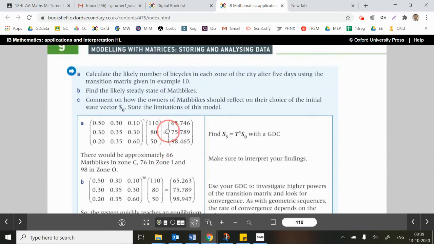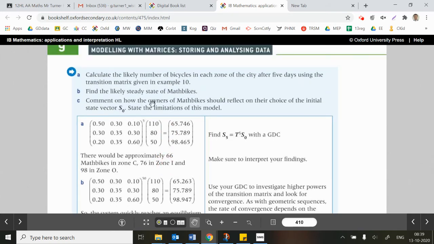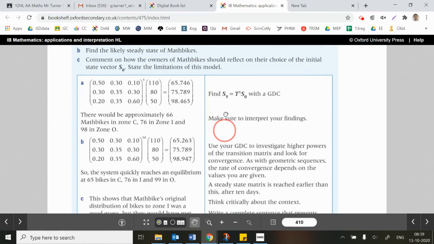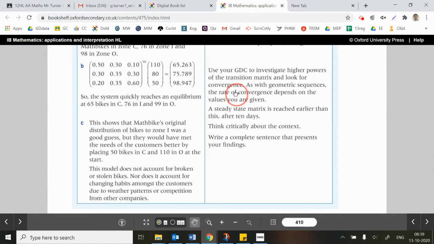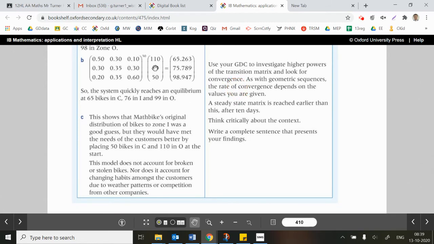Okay, finally in this question it says, comment on how the owners of Math Bikes should reflect on their choice of initial state vector, and state the limitations of this model. You can come up with any sensible choice of things here.